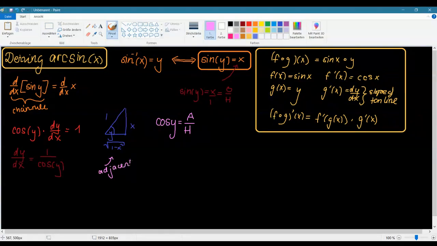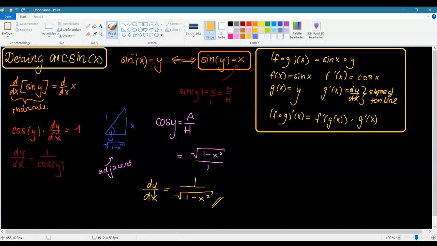And so we know that cosine y equals the square root of 1 minus x squared over 1. Well, okay, let's just plug that in because our dy over dx just becomes 1 over the square root of 1 minus x squared. And that's all it is.